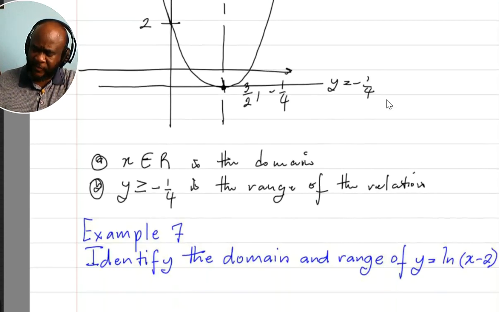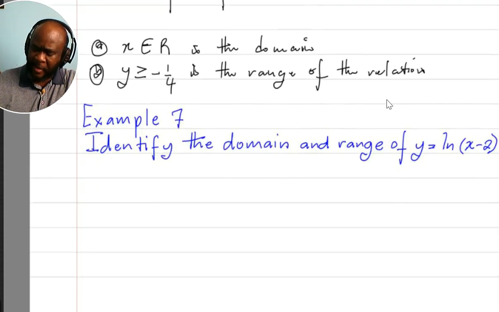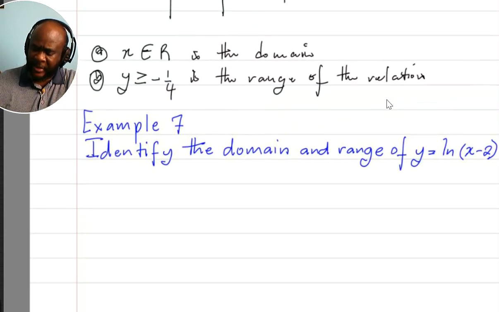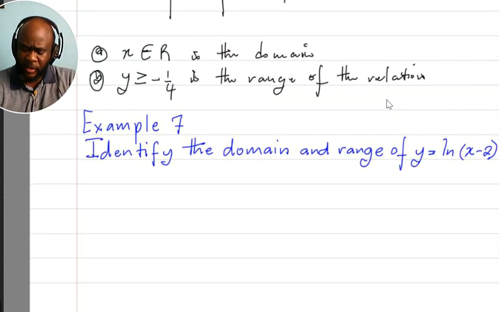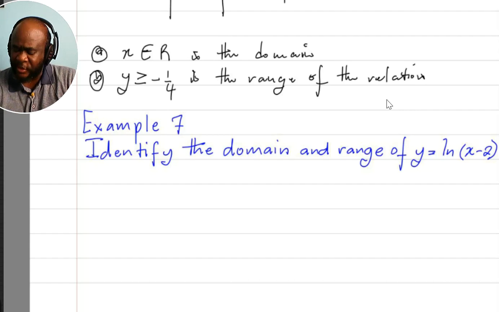Example 7. We're to identify the domain and range of y is equal to ln of x minus 2. You cannot have ln of a negative number.